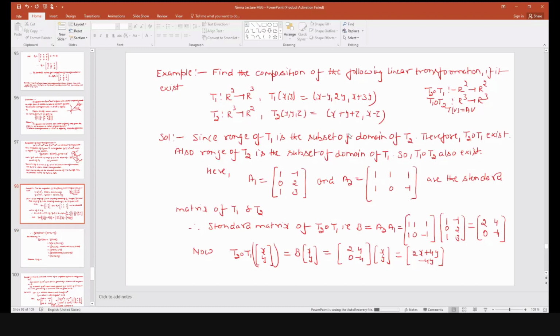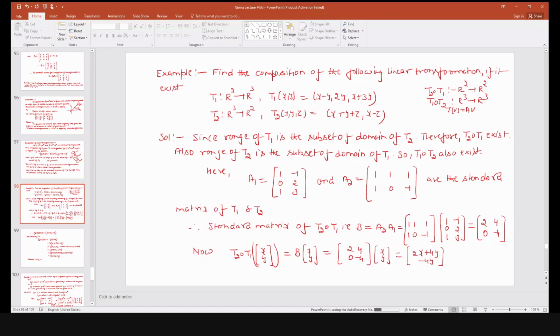So in this way, the first component will be x1 plus y1 plus z1. Again you will get the same vector.